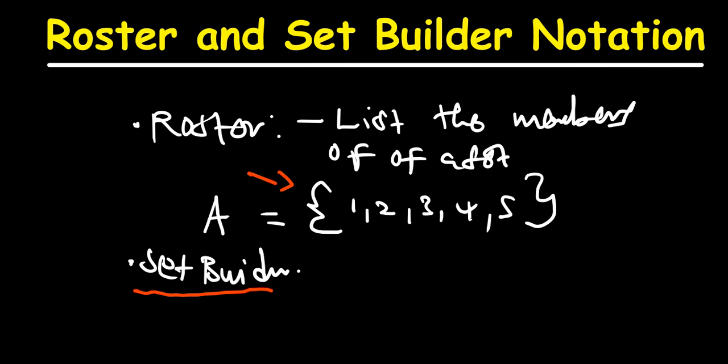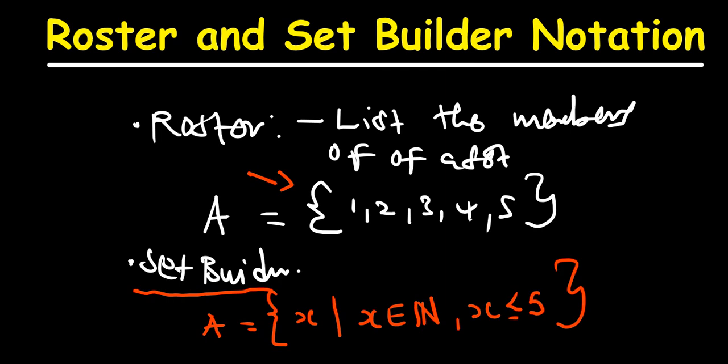So we can say set A is a set of all the x's such that x is a member of natural numbers, where this x is less than or equal to 5. So you can see that from the set builder, we are not specifying the elements that are in that set, but we are describing a rule that will tell us the elements that are in this set.